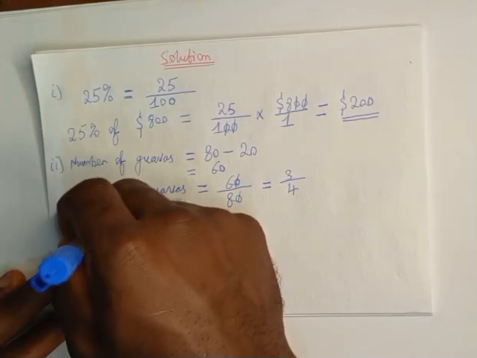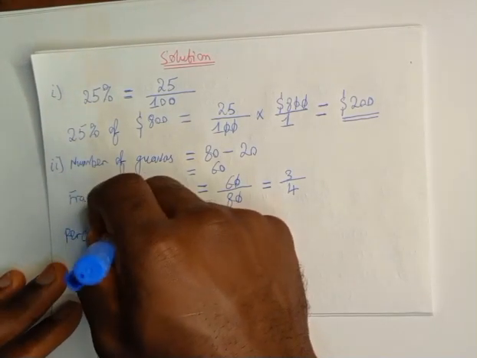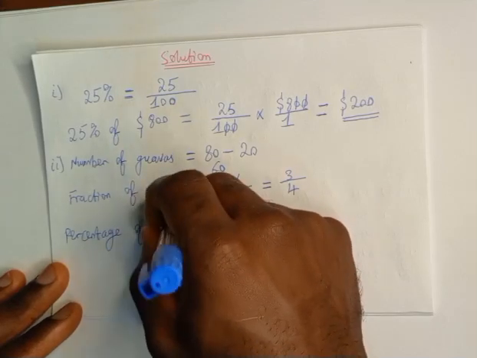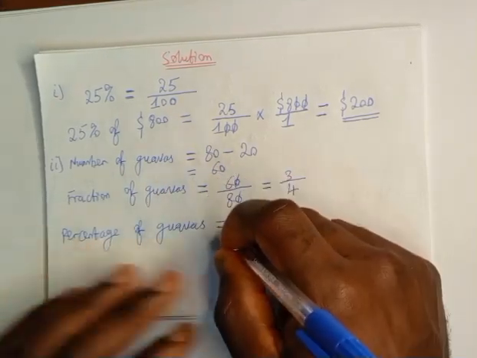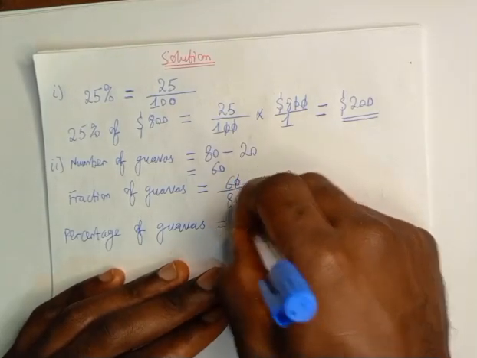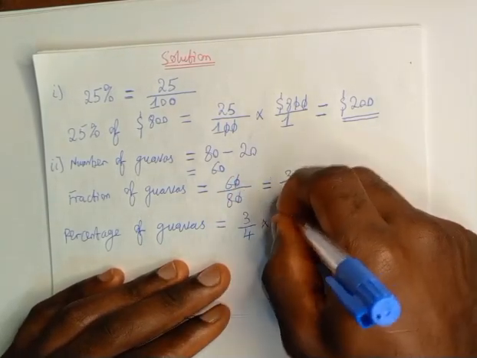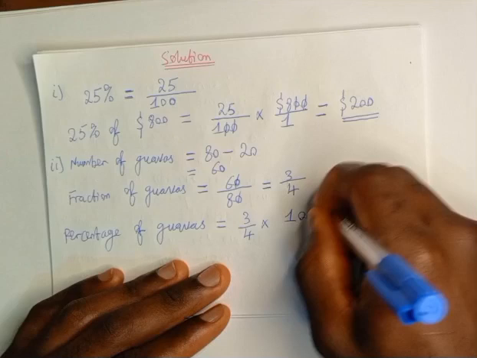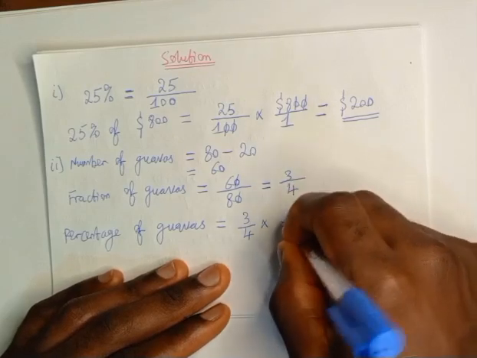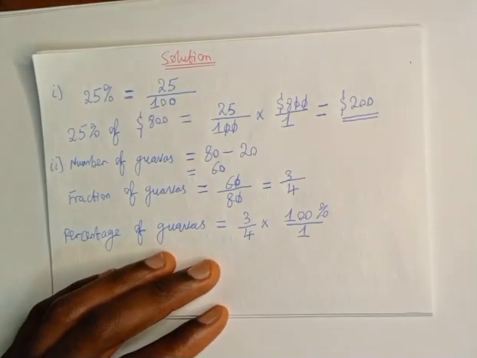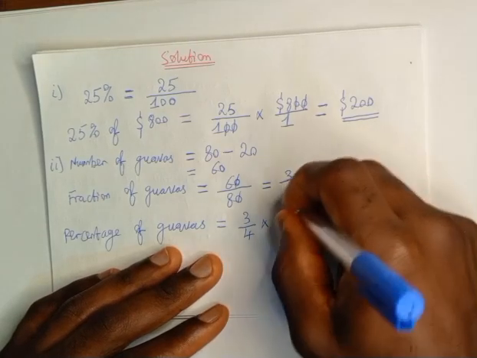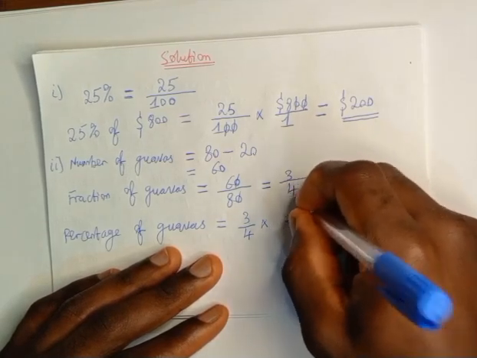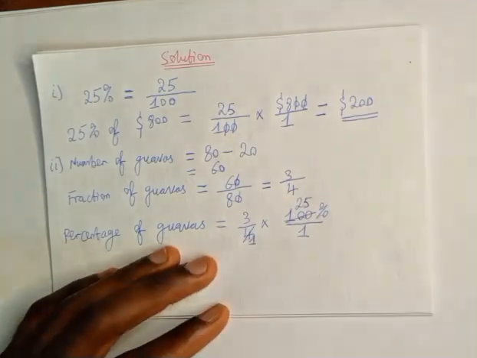Now we can proceed to calculate the percentage of guavas. Percentage of guavas will simply be equal to, we are going to multiply the fraction of guavas, 3/4, by 100% over 1. Then we proceed with the necessary simplifications. 4 will go into 100 25 times. 4 will go into 4 1 time.